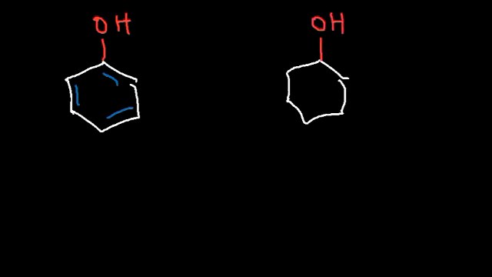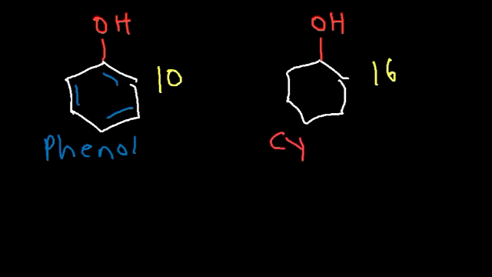The pKa of cyclohexanol is about 16, and the pKa of phenol is 10. So why is phenol so much more acidic than cyclohexanol? And how much stronger is phenol compared to cyclohexanol?